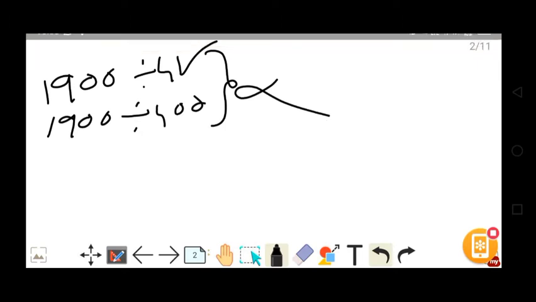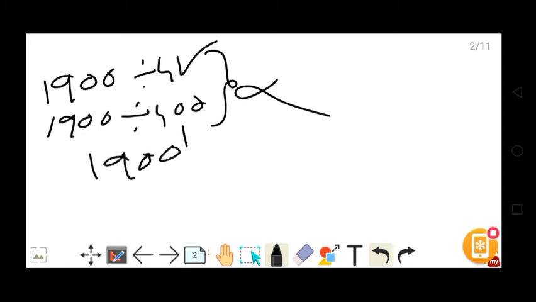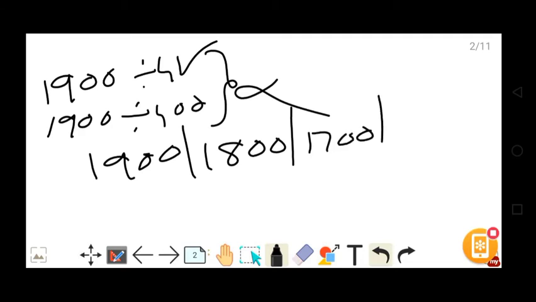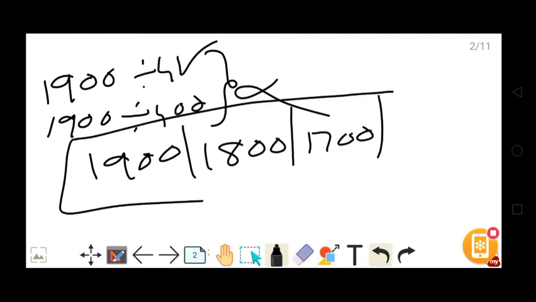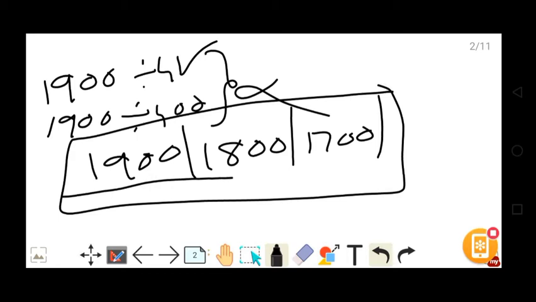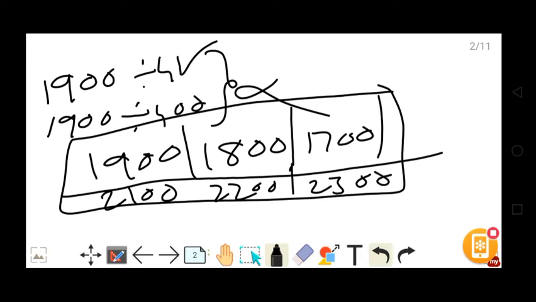Even in old calendars of 1900 or 1800, and if you check on your mobile, 1700, these are not leap years. Even though they are divisible by 4, 2100, 2200, 2300, you can check from your mobile or even Google Calendar.